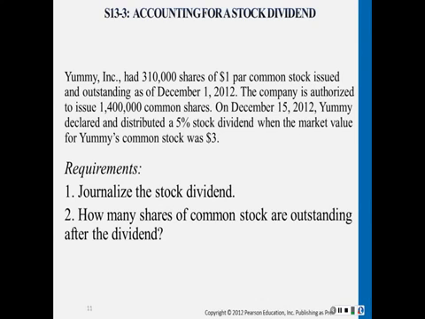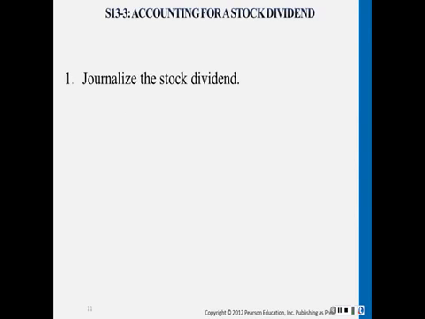On December 15th, 2012, Yummy declared and distributed a 5% stock dividend when the market value for Yummy common stock was $3 per share. The requirements are to journalize the stock dividend and determine how many shares of common stock are outstanding after the dividend.